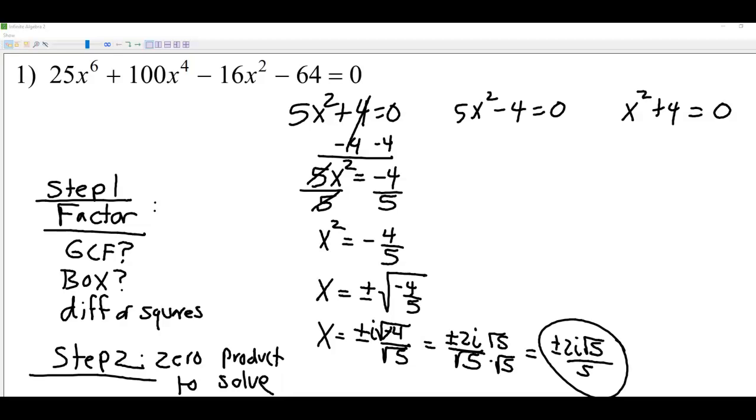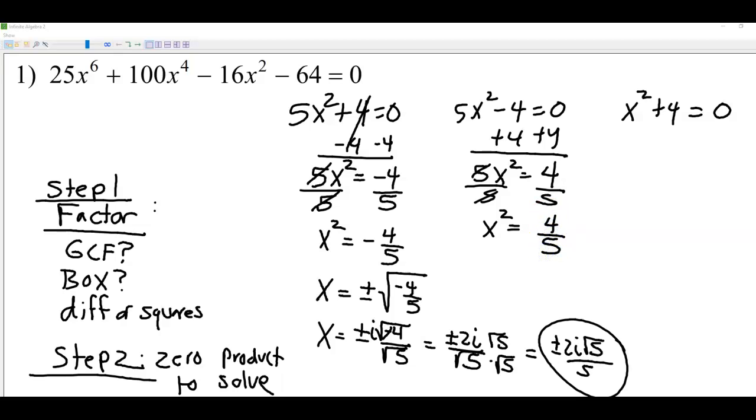All right, let's do the next one here. What's the first step I do? Shout it out. Add 4 first. Good. What's the next step? Divide by 5. What's the next step?